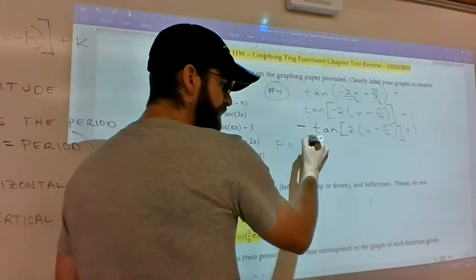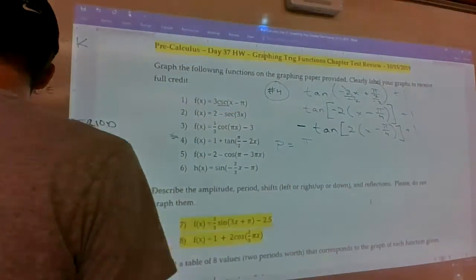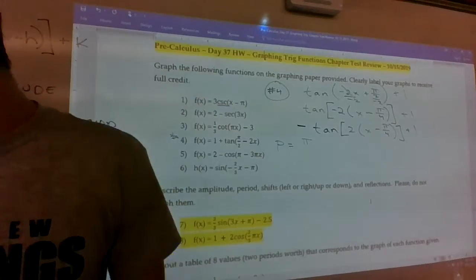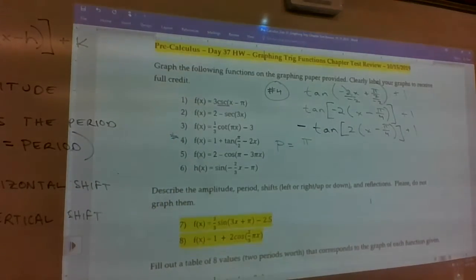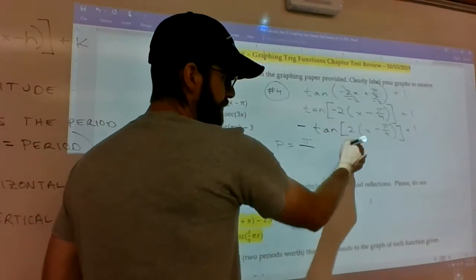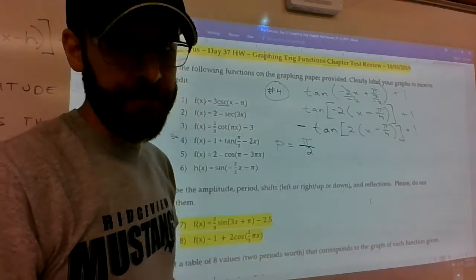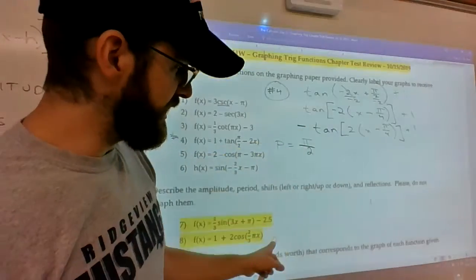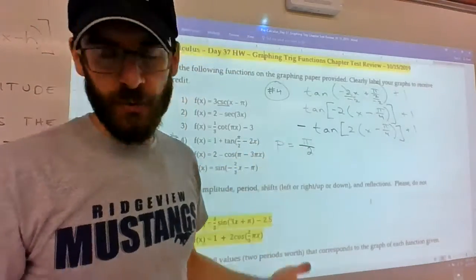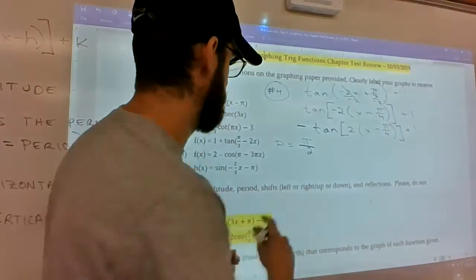So the period for a normal tangent is not 2 pi, it's actually pi. So we would take pi divided by that b value to determine what our period would be. So this tangent function actually gets skinnier, which means it makes total sense that the period is now pi over 2 instead of pi.